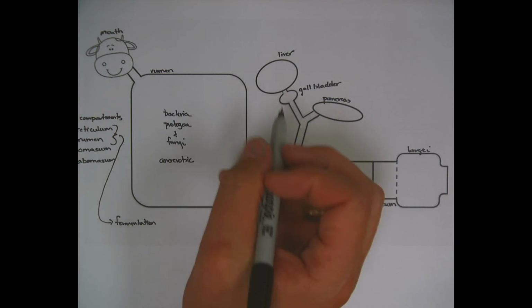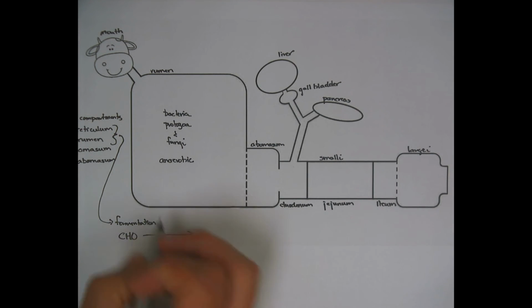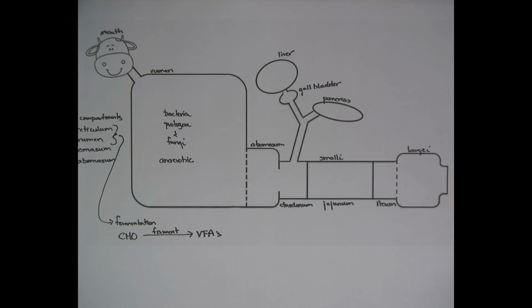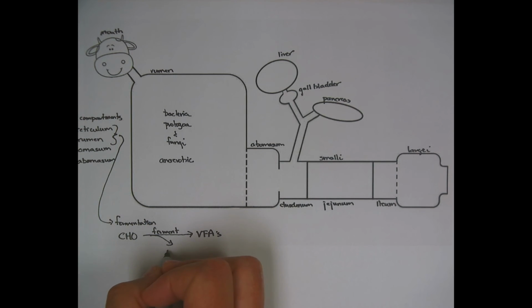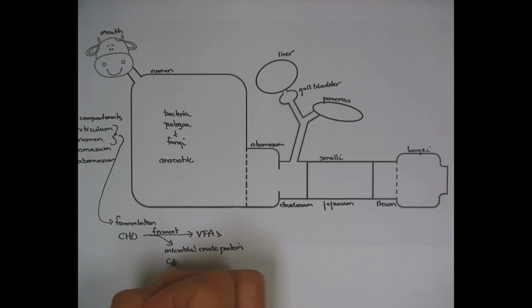And basically what we're going to do through the process of fermentation is take primarily carbohydrates, which we'll abbreviate CHO, and ferment them into volatile fatty acids. Some of the products that come off, in addition to volatile fatty acids, include microbial crude protein, CO2, and methane.